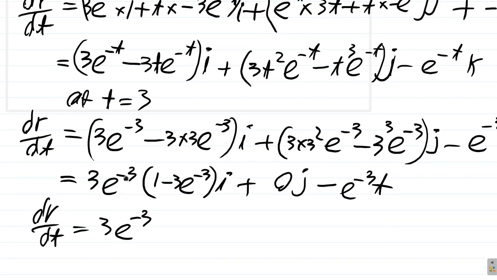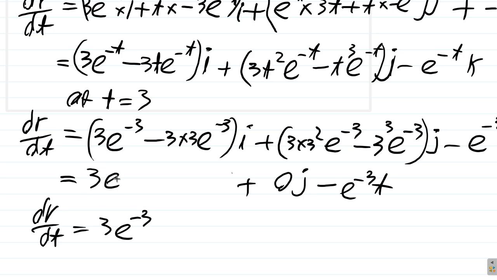What's going on here? I had factored out 3e to the negative 3, so there shouldn't be any 3e to the negative 3 here, because it's factorized. And I'm realizing that I didn't really have to do that either. Guess what? You see this?